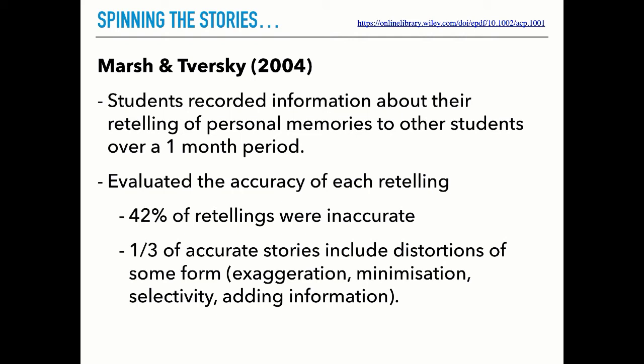So exaggerating the details of something or how fun or how much you did of something. It might involve minimizing certain details. It would involve selectivity, so not telling everything and omitting certain details or adding additional information that didn't necessarily occur.